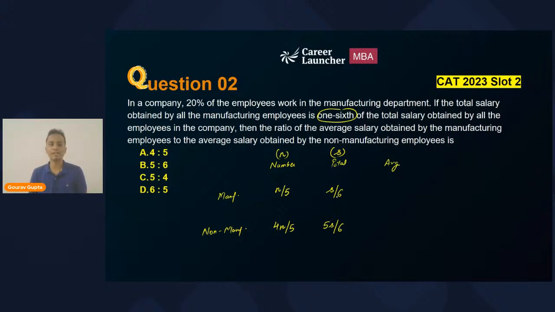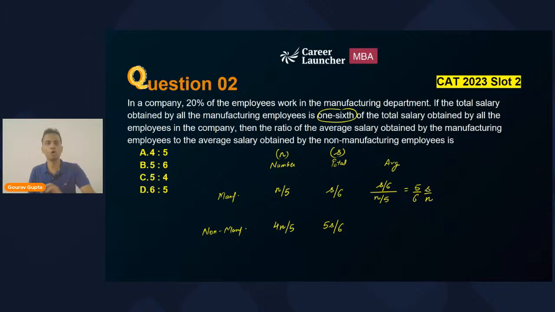So the average salary for manufacturing employees will be S upon 6 divided by n upon 5. Okay, fine. So I can write it as 5 upon 6 times S upon n, right? Now I have taken these variables S and n.